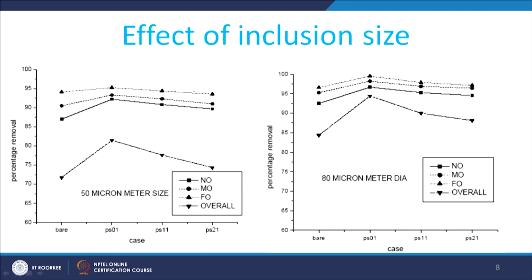Now, there have been other parametric studies, like the studies for different sizes, and what has been seen is that if you increase the size, removal will be higher, so a larger fraction of the inclusions gets removed.